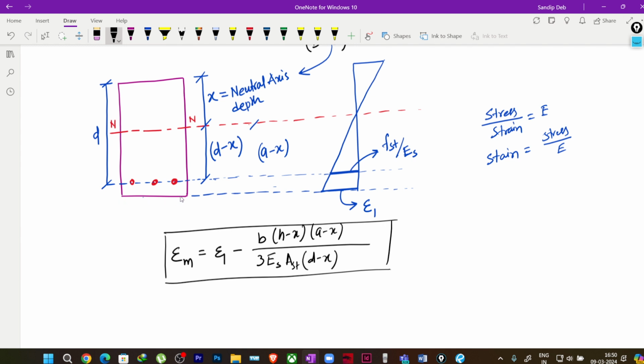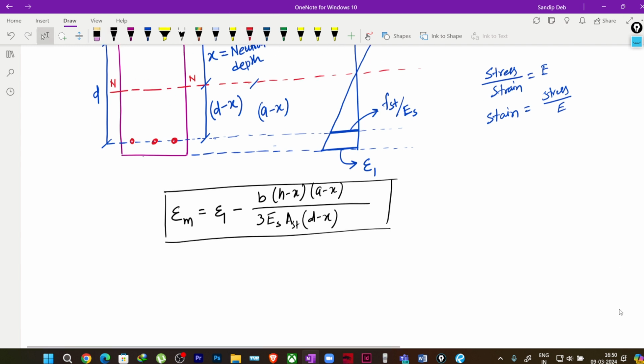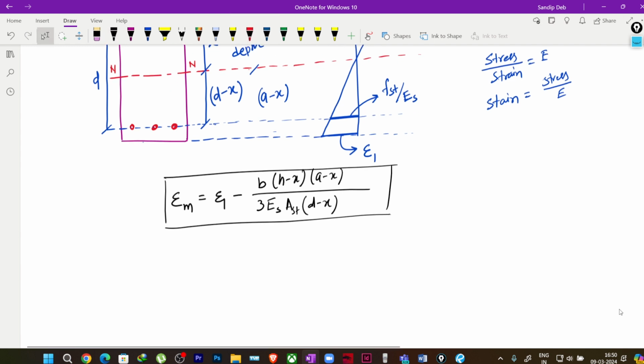So how to find out this epsilon m? If you use the similar triangle formula, what can we write from the similar triangle formula?